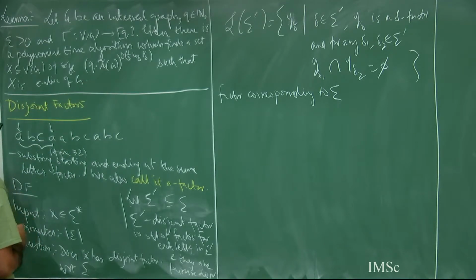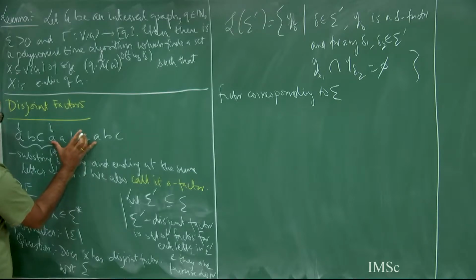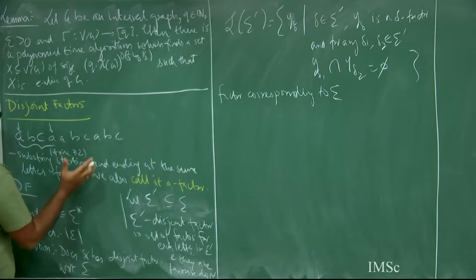Okay. So now, does this string have factors corresponding to sigma, with A, B, C as the three letters? No, this doesn't work, because you can only get 2. For A, either I pick this, or just two consecutive letters, or I pick this; if you pick this, then you can pick only one.